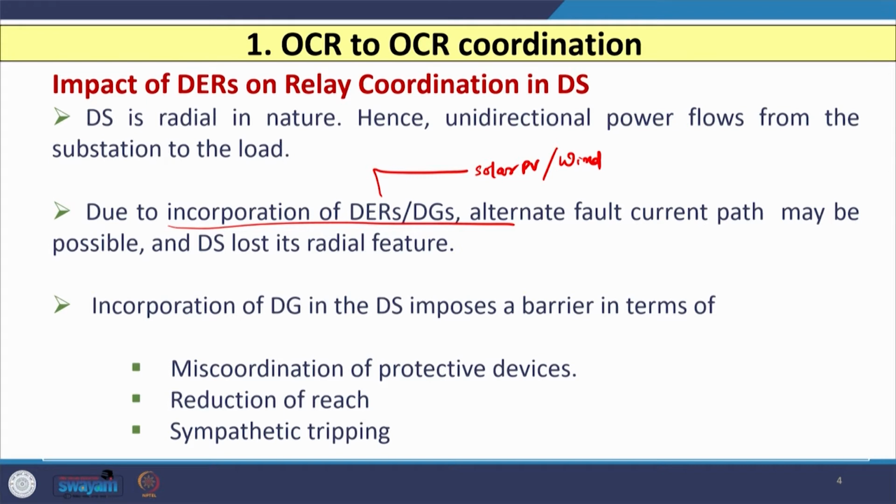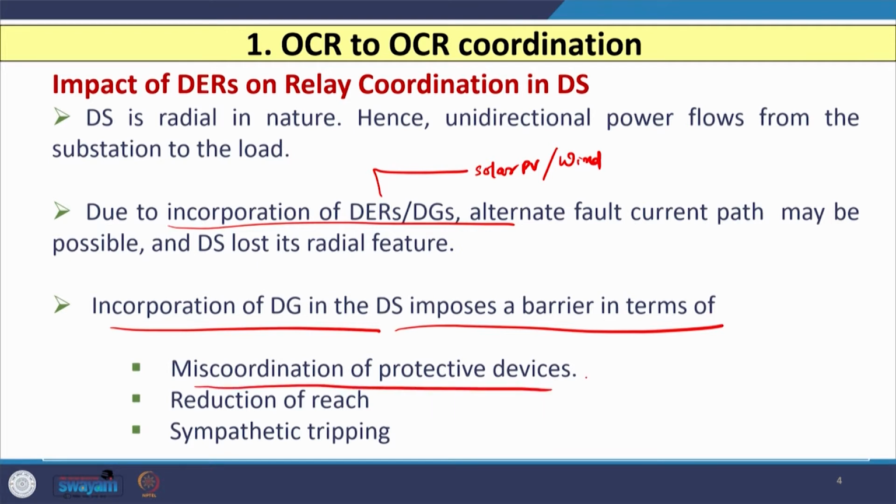So, our conventional distribution network does not remain radial in nature. When we incorporate distributed generators in terms of solar PV or wind, the distribution system imposes barriers: we observe miscoordination among various protective devices if proper care is not taken.